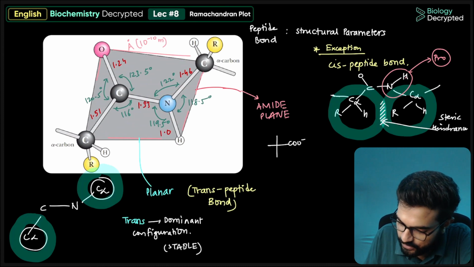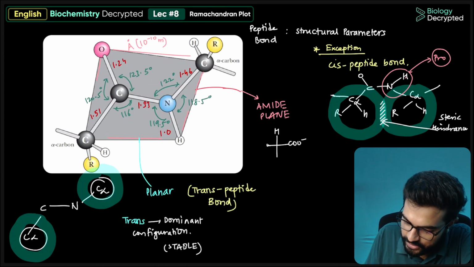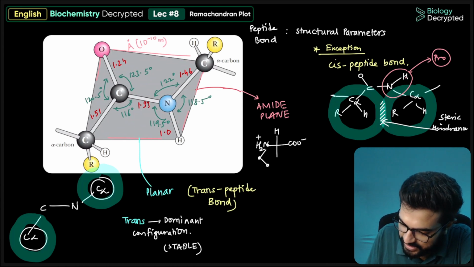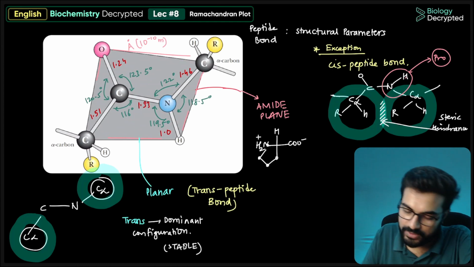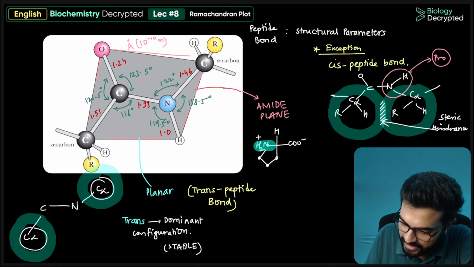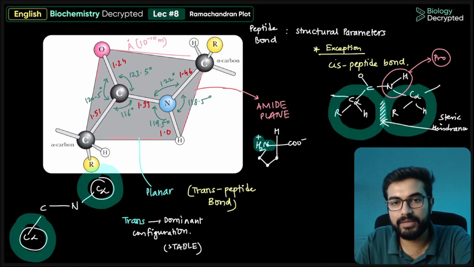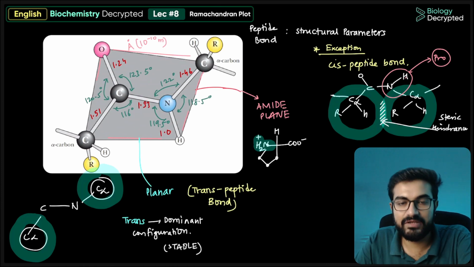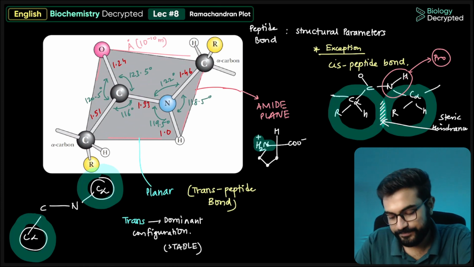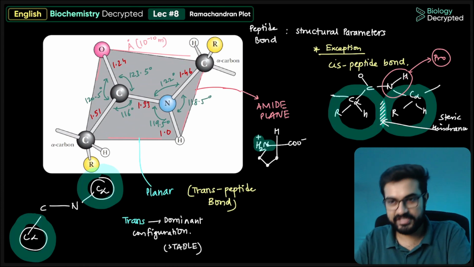Here you have CO minus, here you have H, you have NH2 plus, and here you have 3 carbons like this. This belongs to the backbone itself, and in this case there will be a strain if it is in the trans configuration.